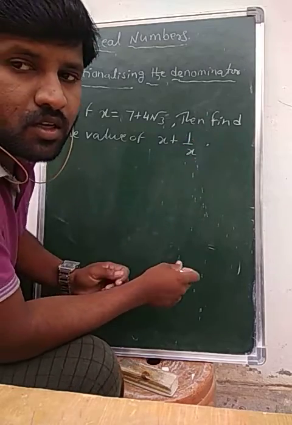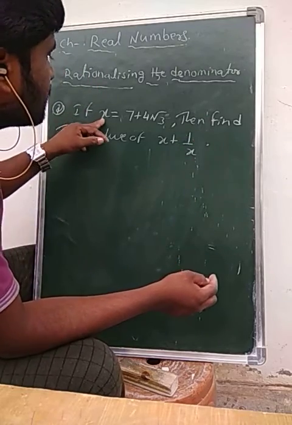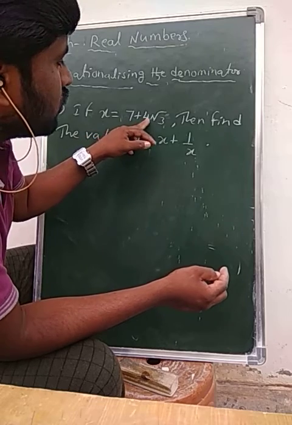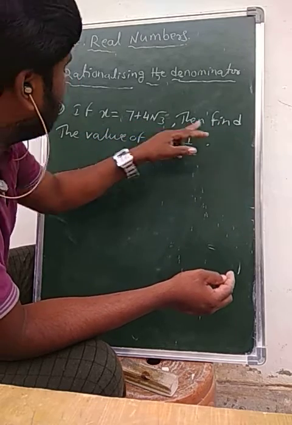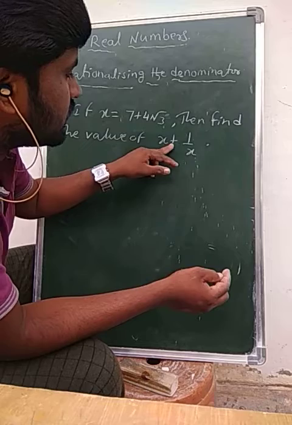Okay, now this is the question. If x is equal to 7 plus 4 root 3, then find the value of x plus 1 by x.